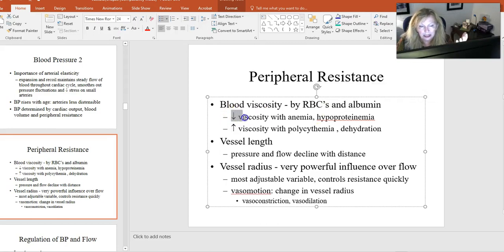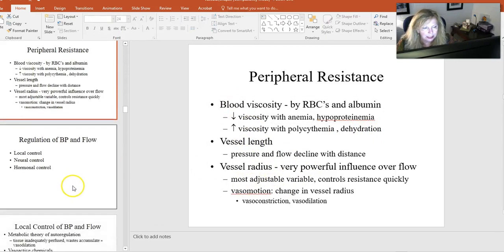Decreased viscosity can happen when you have anemia, when you've lost red blood cells for whatever reason, or you have hypoproteinemia, where you don't have enough protein in the bloodstream. Increased viscosity can happen when there's polycythemia and or dehydration. Both of these put a burden on the heart.